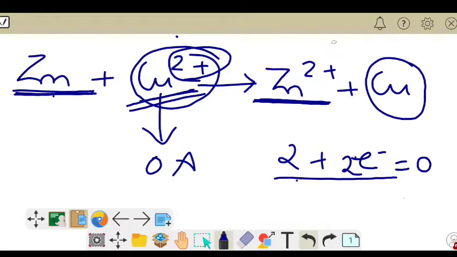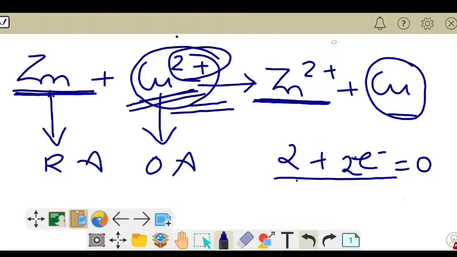Is it clear? Now if you consider the other side, the copper side, you can observe that this copper is getting reduced. Who is reducing it? The zinc. So Zn is acting as a reducing agent. That is why it is said that a reducing agent itself gets oxidized.